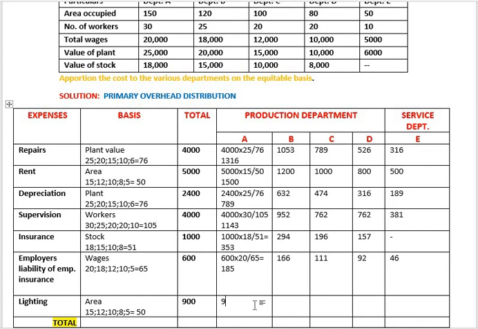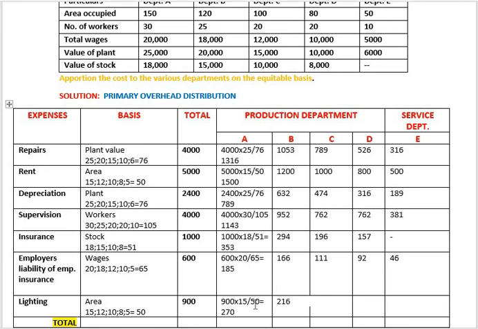So now distribute this lighting amount using area occupied. The total amount is 900. Department A's ratio is 15 divided by 50. How much will we get? We will get 270. And similarly for department B, 900 into 12 by 50, we will get 216.